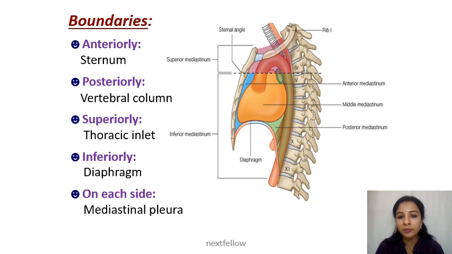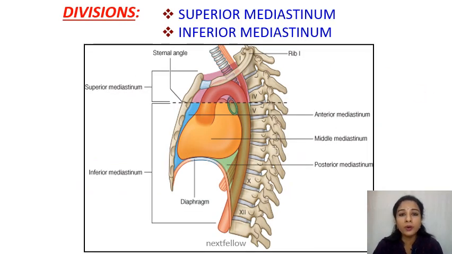Superiorly it is related to the thoracic inlet, which is guarded on each side by the first rib, anteriorly by the upper part of the sternum, called the manubrium sterni, and posteriorly by the T1 vertebra. That totally forms the thoracic inlet. Those were the boundaries.